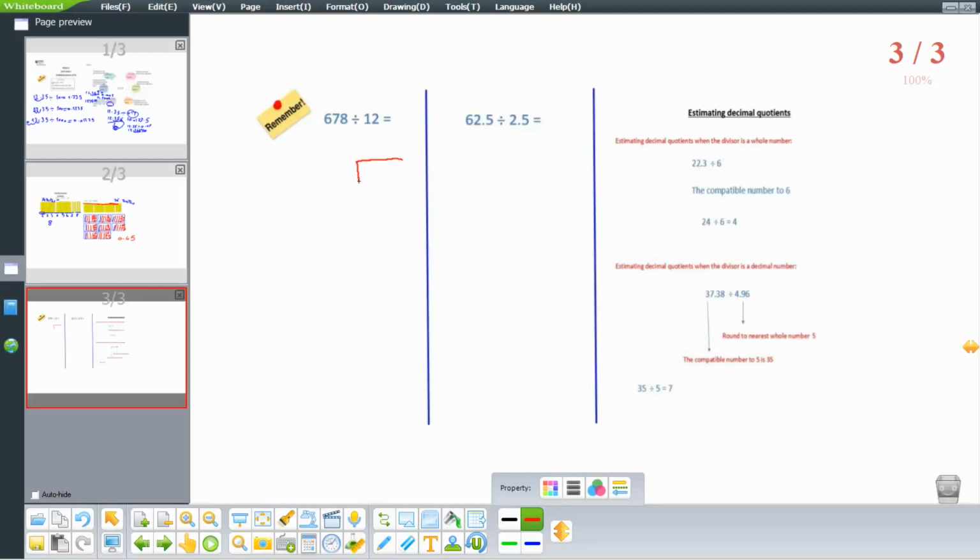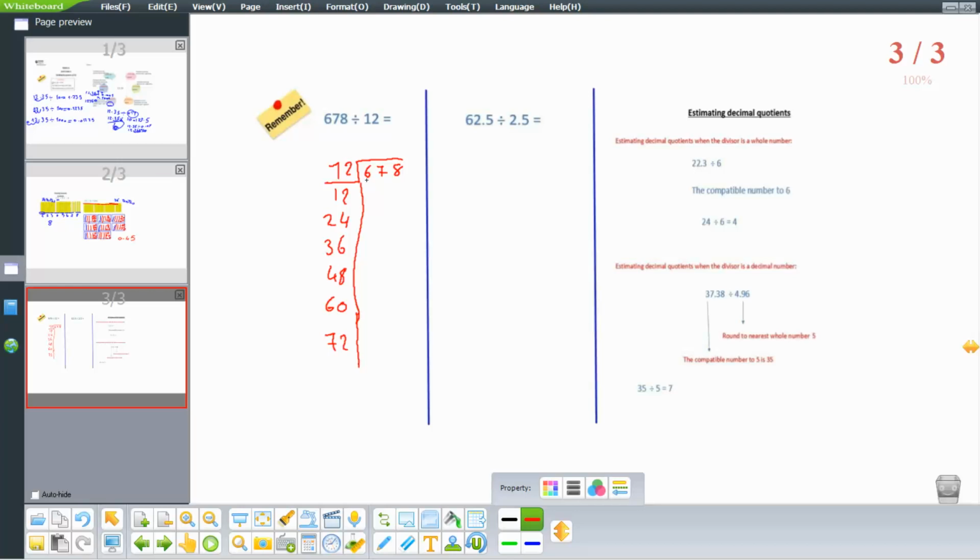We know that we are going to draw this, 678 divided by 12, and here we are going to write the table of 12. 12, 24, 36, 48, 48 plus 12, it will be 60, 72, and we can stop here. Then if we need more, we can complete.